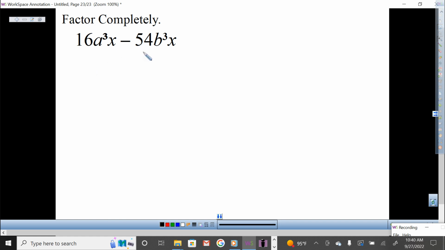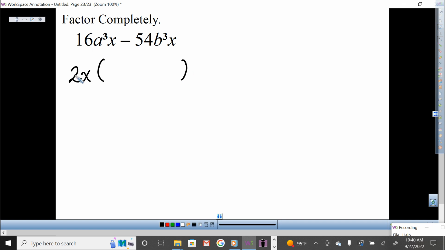Not quite. Ayalani? She said 2. Hands, have you got 2? Yeah. What else do they have in common? Each have a what? X. That is correct. So my GCF is 2x.